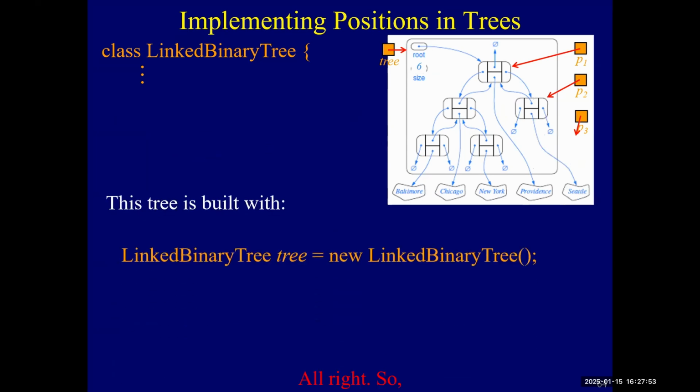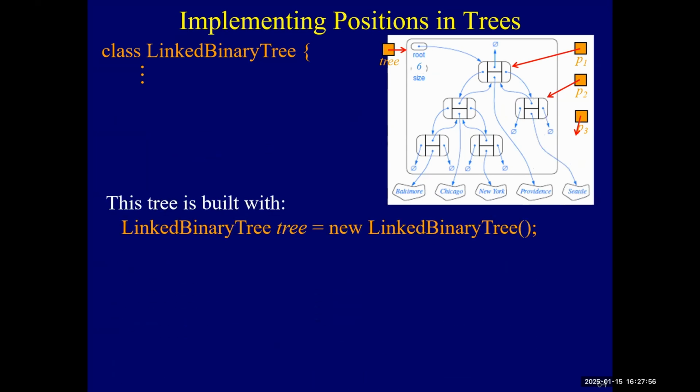All right, so how would we build this tree? Well, we would get a tree. We have a new variable outside the world. We're a user on the outside. And what do we know? We know that there are these things called linked list binary trees. And this says that our variable tree is going to be of type pointer to a linked list binary tree.